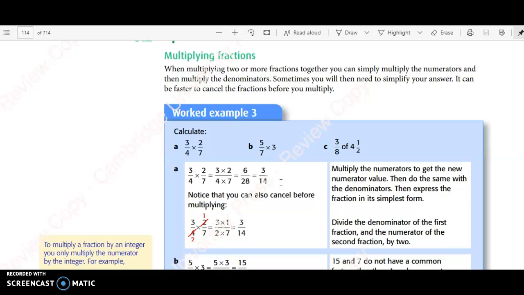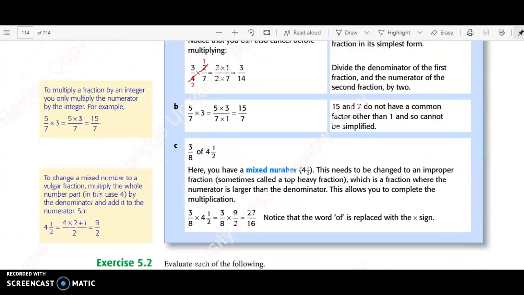Now, sometimes you may do the cancellation. 2 and 4 we can cancel or divide by 2, so cancel it first, then multiply. So it's the example to cancel it. Okay.